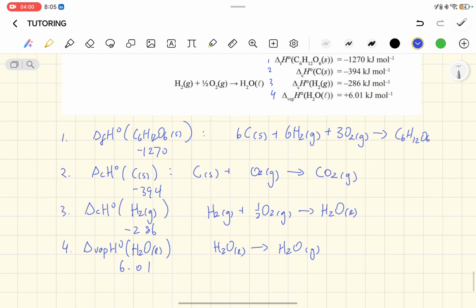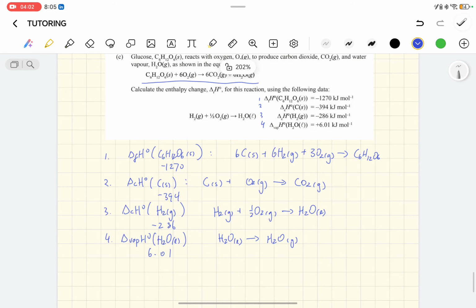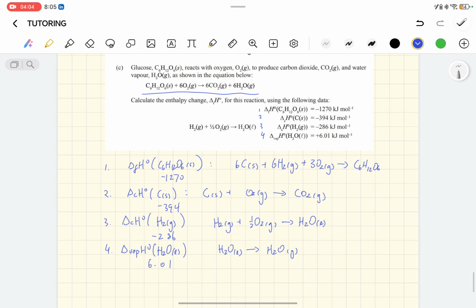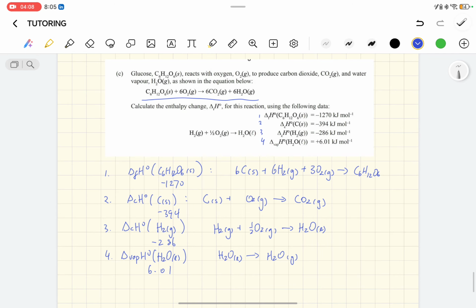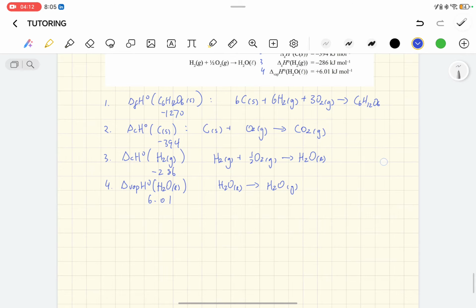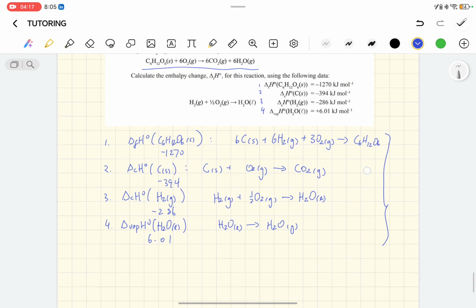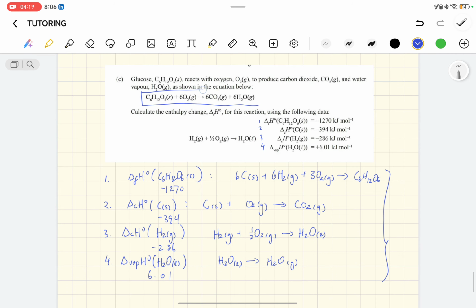Now that we have all these reaction equations, we can do what we did last video to manipulate these 4 equations into this reaction equation above, right?